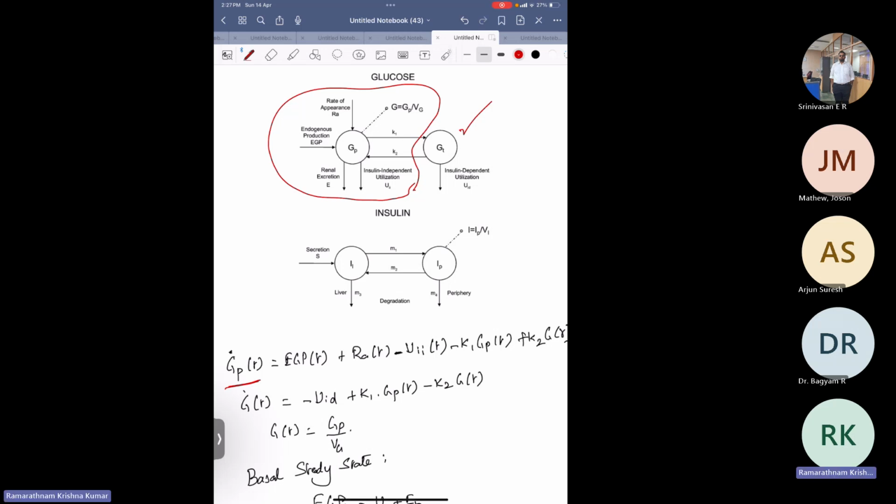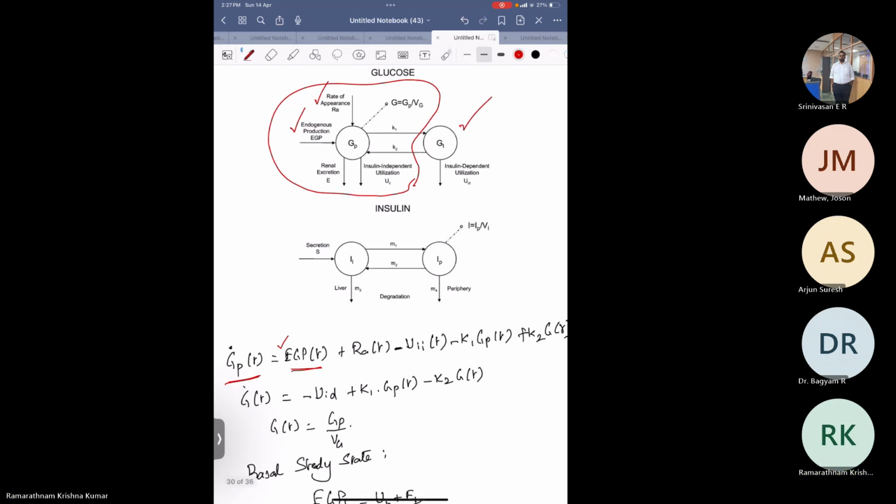Now, what is endogenous? It's going to increase. So what is coming in? What is going out? Endogenous glucose production is coming in, positive. Okay. Rate of appearance of the input glucose, plus. Then I have insulin independent utilization, UII, minus, because I'm getting it out. Okay.